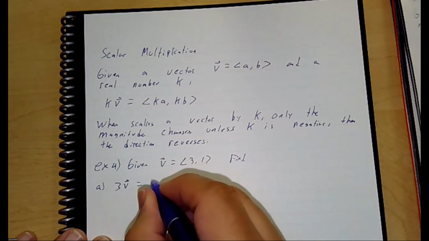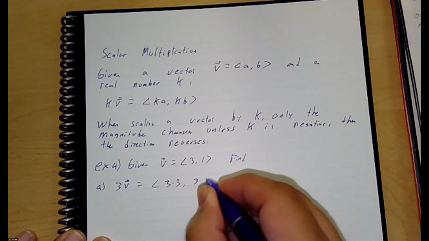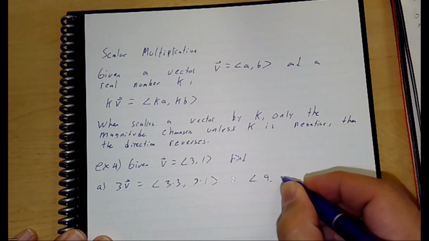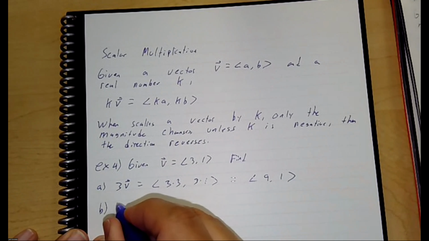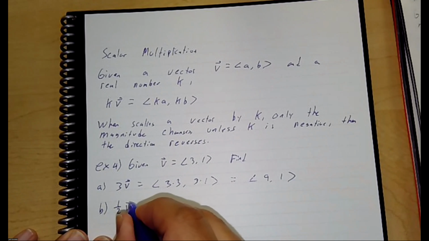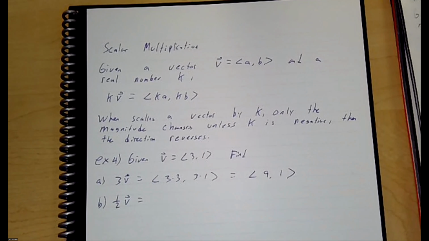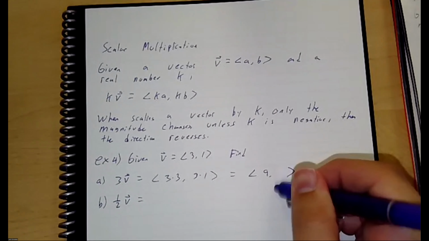So this will be 3 times 3, 3 times 1. 9, 3. You cut v in half, well, you scale it by half, multiply everything by half.